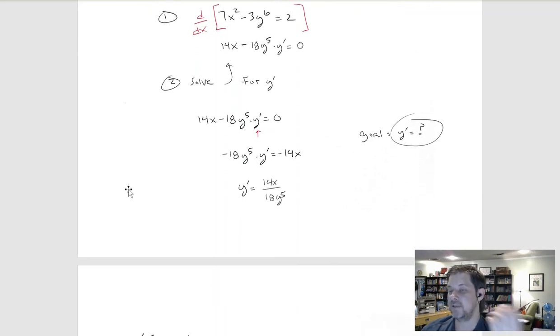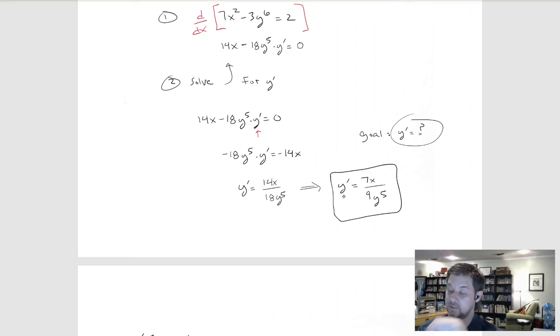The only other thing is that we would like to give our answer in the simplest form, and so 14 and 18, those can both be reduced by a factor of 2. So I'll get my final answer. If I reduce 14 and 18 by a factor of 2, I'll get 7x over 9y to the 5th power. And then there's our derivative.